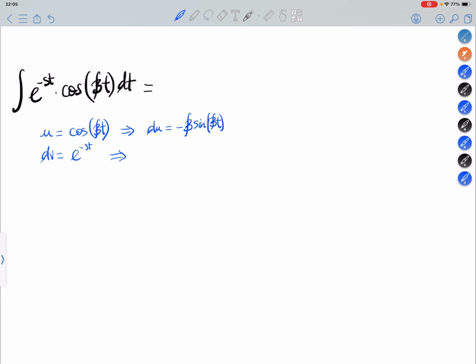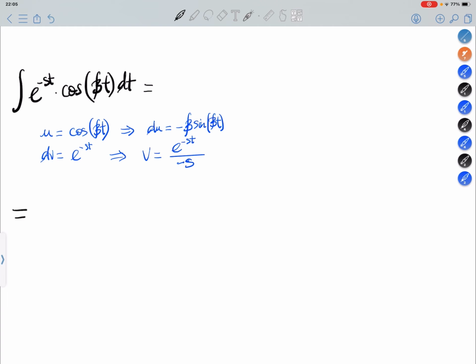Now to find v, we need to integrate e to the power minus st. So v would be e to the power minus st, and then we divide by the constant, which is s in this case. So our integration here would be equal to uv minus the integral of v du.